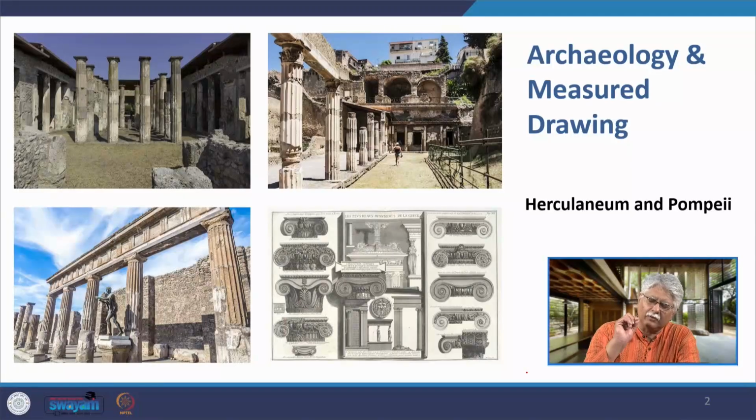Now, one major development that took place in the 18th century was the rise of archaeology through Herculaneum and Pompeii. I am not saying that archaeology was not there before, but this particular discovery played a very important role. The reason was Herculaneum and Pompeii were two cities of the Roman times that had been buried when Mount Vesuvius erupted.